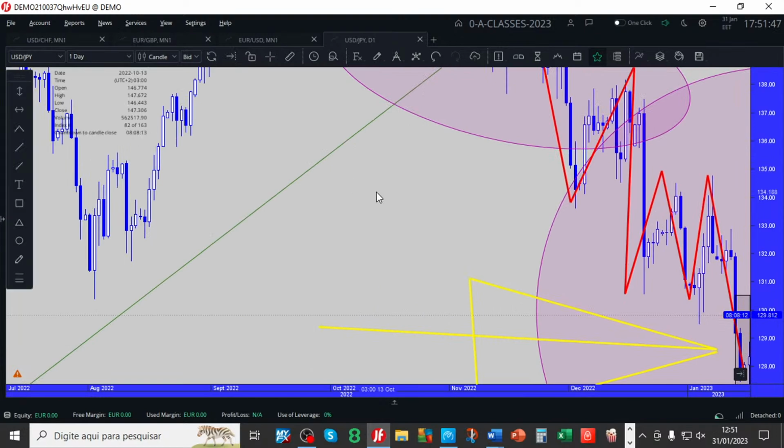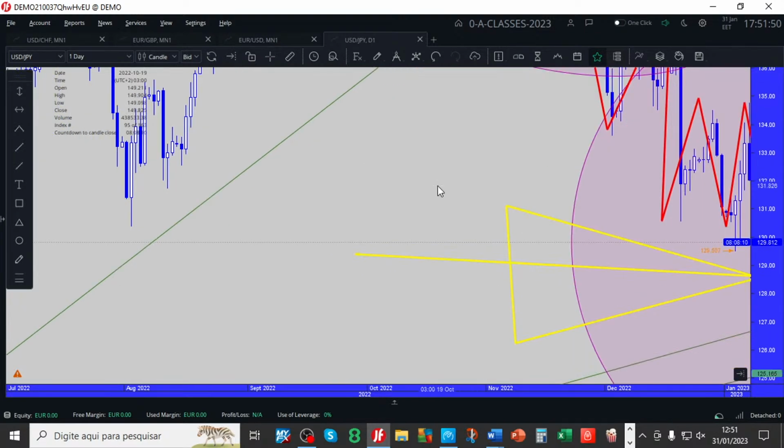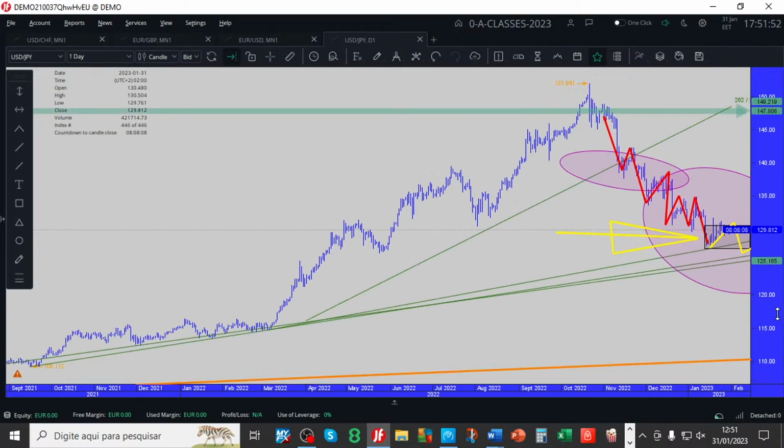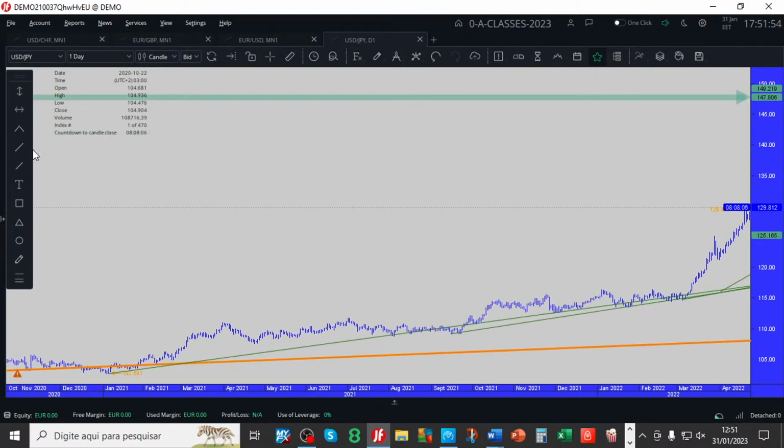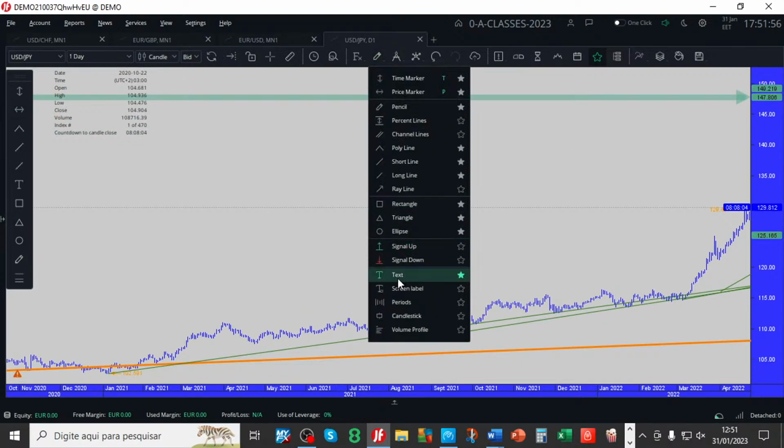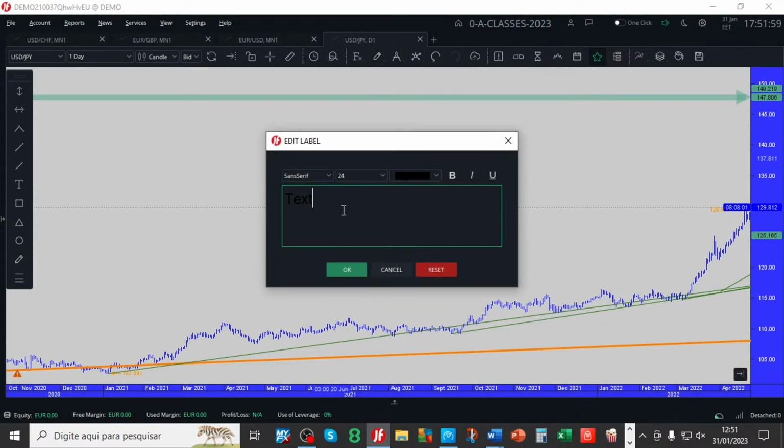Homework. Chart, put trend lines, right? Where is the text? Text. Homework.